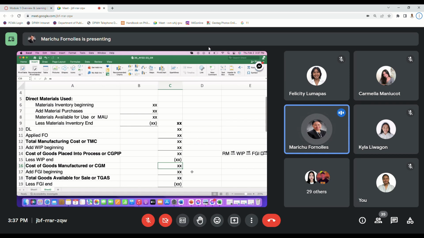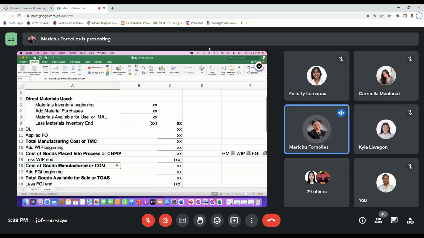And once they are 100% complete as to materials, labor, and overhead, that will be transferred out to finished goods. So jobs transferred to the warehouse, to finished goods inventory, will be part of your cost of goods manufactured.